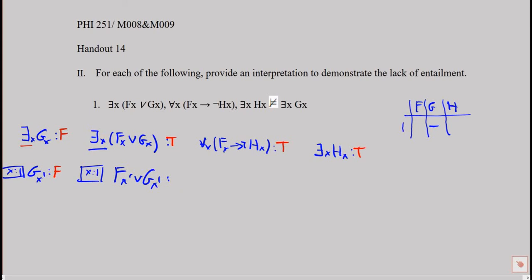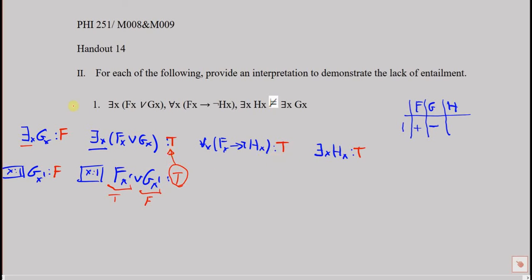We already know that Gx1 is false, so our goal is to make this thing true. So we need to make Fx1 true. We do that by making sure that 1 is in the extension of F. Now since there is something that satisfies Fx or Gx, the existential is going to be true.